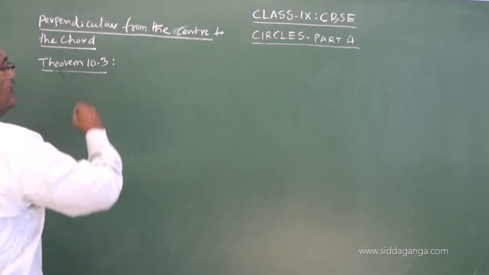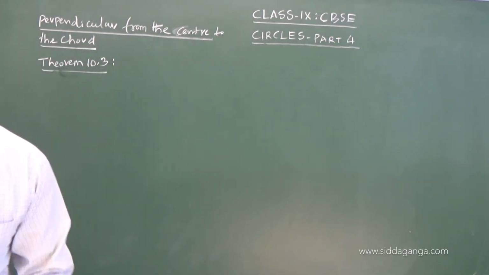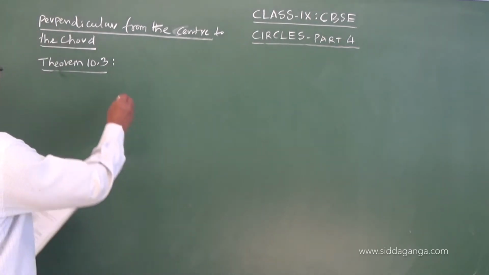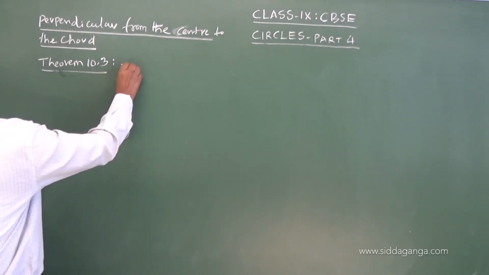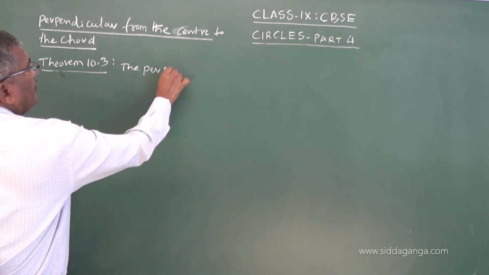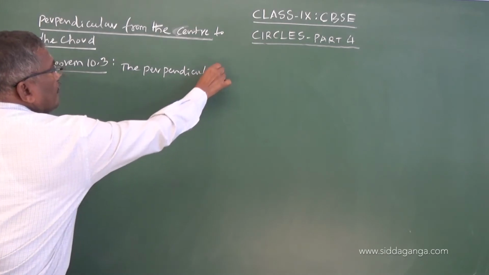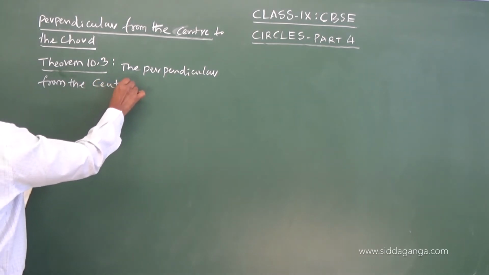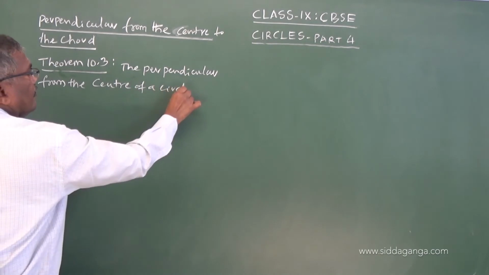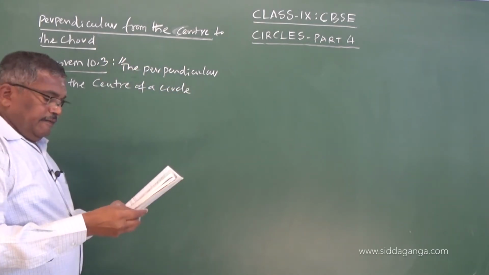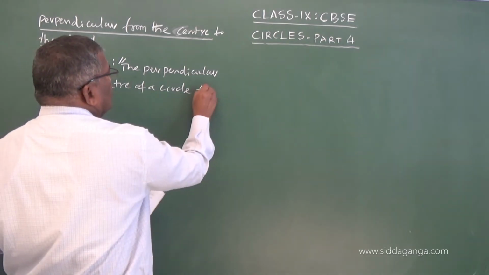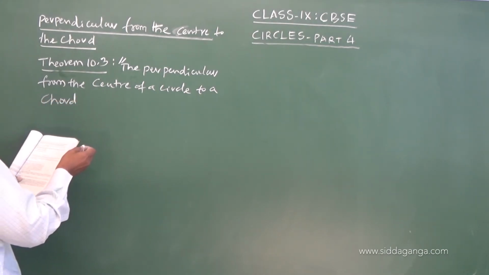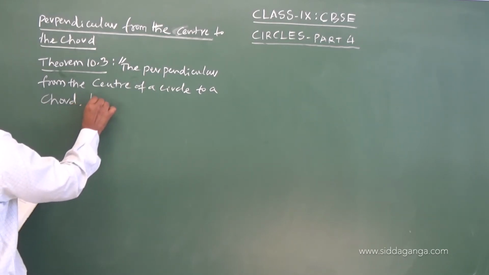The theorem statement I will write. Theorem 10.3: the perpendicular from the center of a circle to a chord bisects the chord.